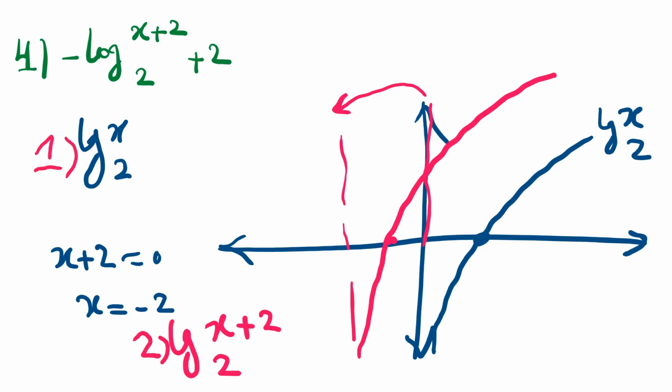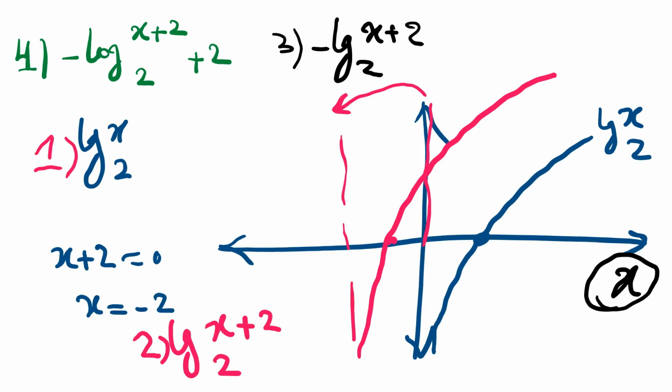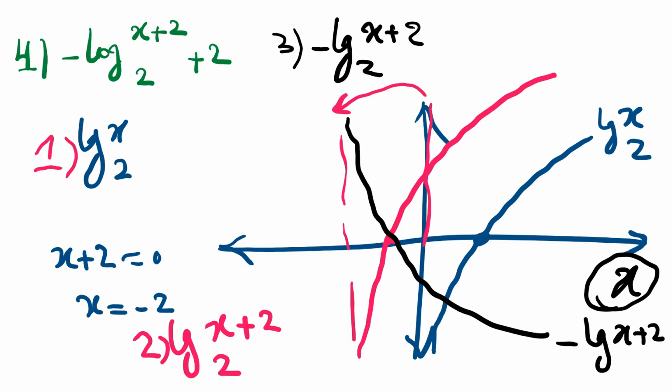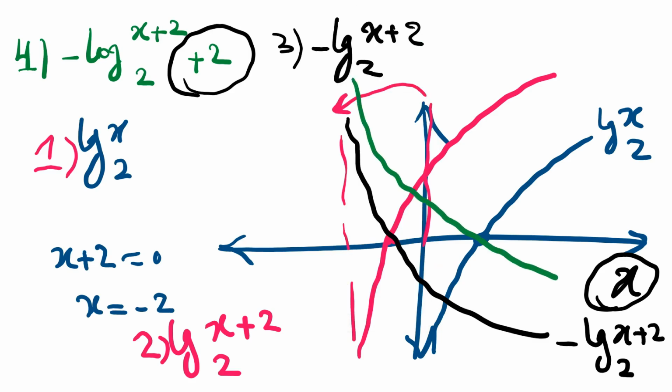What happens in 3? We must put a minus. What happens when you put the minus for this? Yes, exactly, that is symmetric with respect to the x-axis, something like this, minus logarithm of x plus 2 in the base 2, and in the last we just add 2 units to the range, and our graph, if I show it with green, is something like this, guys.